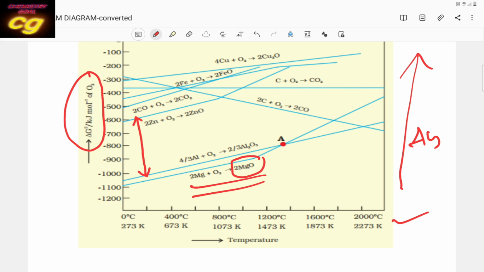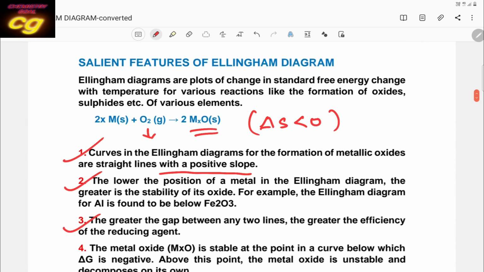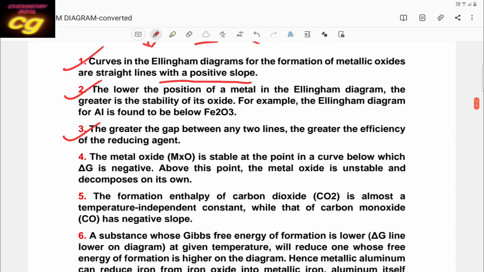The metal whose graph is at the bottom can reduce the higher oxides which are coming at the top. Those can be reduced by the graph which is coming below at the bottom. So these are the main important points in the Ellingham diagram.